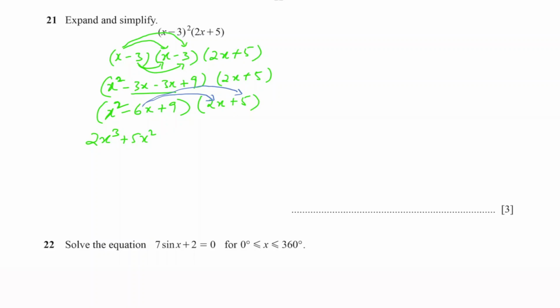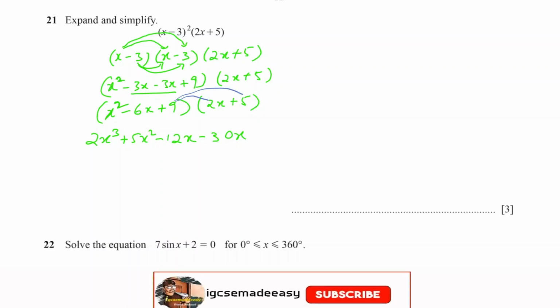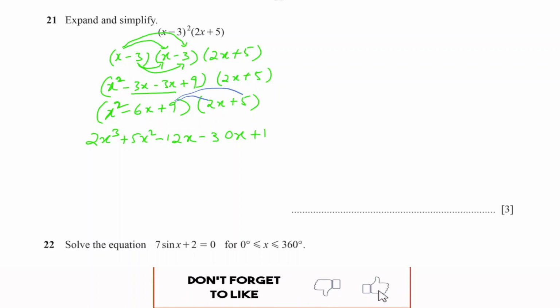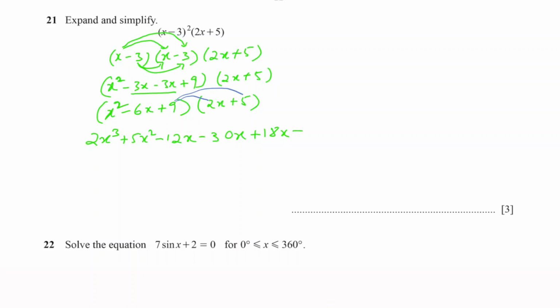So I'll be doing it like that. Minus 6x into 2 is minus 12x and minus 6x into 5 is minus 30x, and then the same thing I'm going to do with the last number, that is 9. So 9 into 2 is 18, so plus 18x, and 9 into 5 is 45.